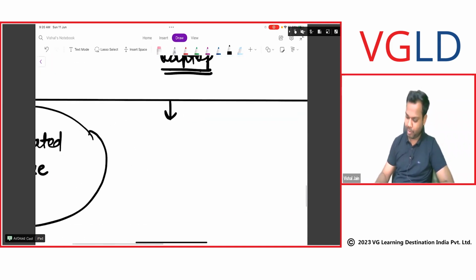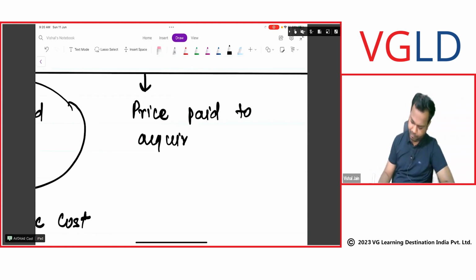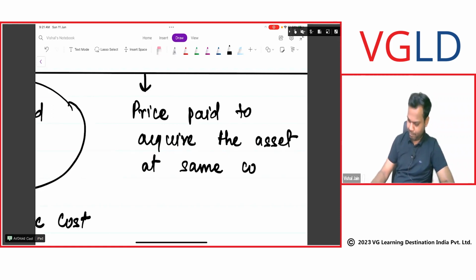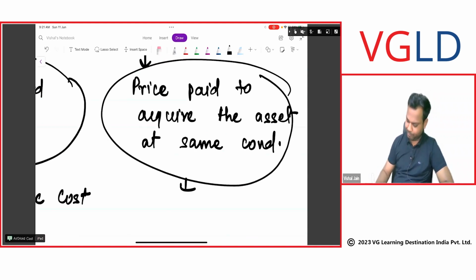Now, the price paid to acquire the asset in the same condition is called current cost.